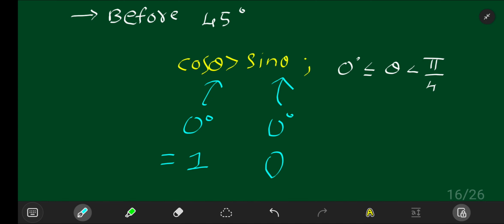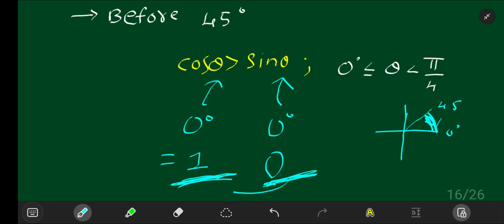So before 45 degrees, in the first quadrant only, in this portion, cos theta is big. If you substitute 0, cos theta is 1 and sin theta is 0. So cos theta is a big number, no?